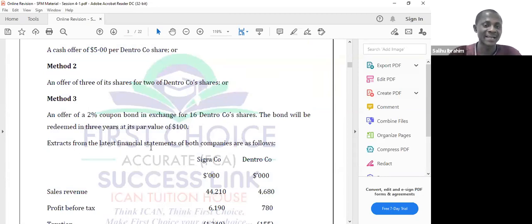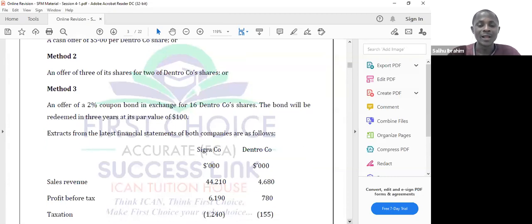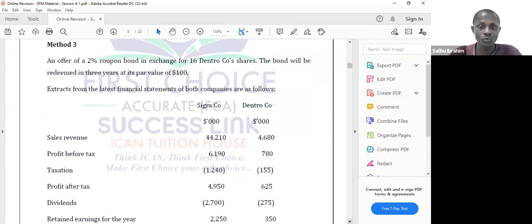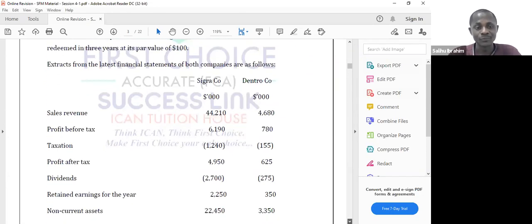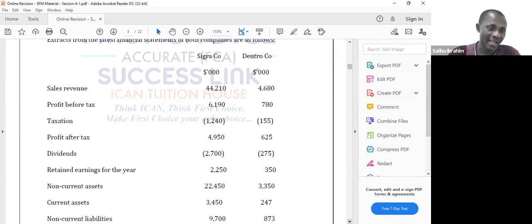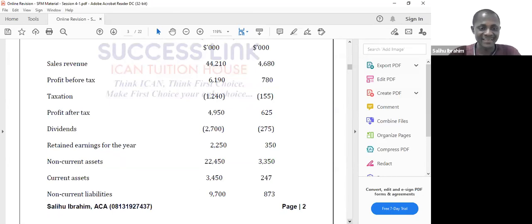Extract from the latest financial statement of both companies are as follows. We have for Sigraco and Dentroco, sales revenue, profit before tax, taxation, profit after tax, dividend, retained earnings for the year, non-current assets, current assets, and non-current liabilities.